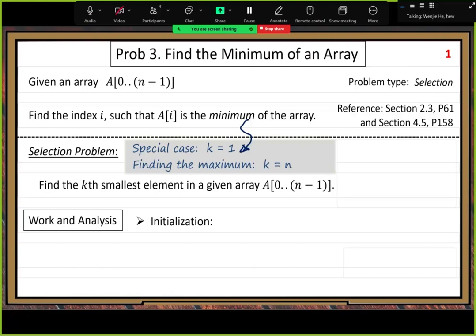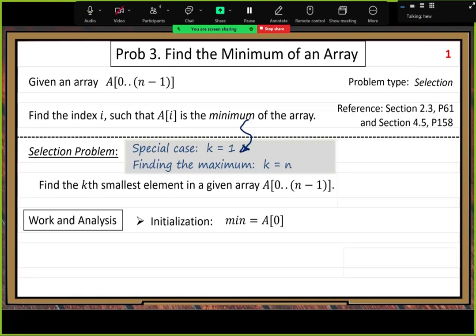First, we do initialization. When we start, we initialize our min variable. We want to use this variable to store the current minimum. At the beginning, the current minimum is the value of the first element, A of 0.